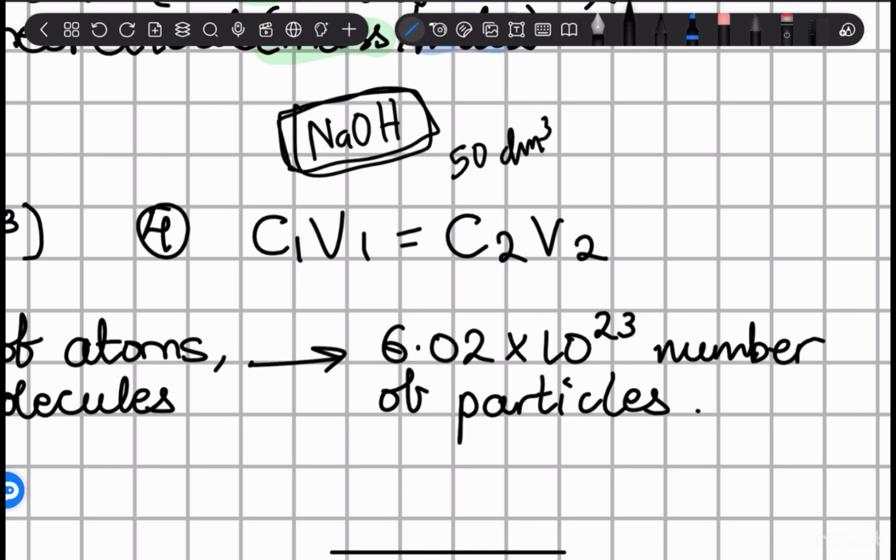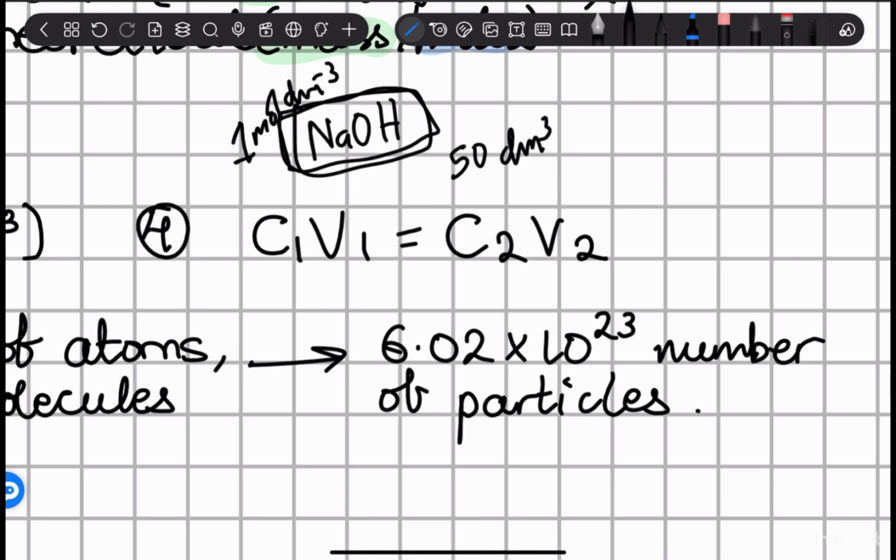So when you multiply that concentration, let's say it's 1 times the 50 dm cube, what you get is your moles. So if this is 1 mole per dm cube, in 50 dm cube, you would get 50 moles of sodium hydroxide.